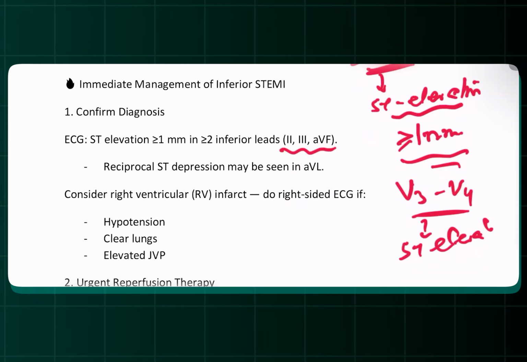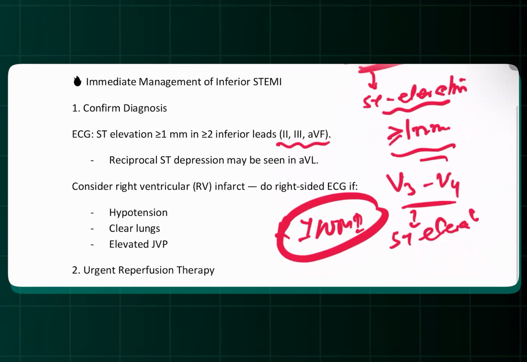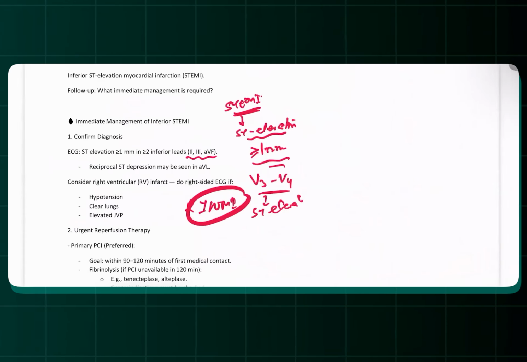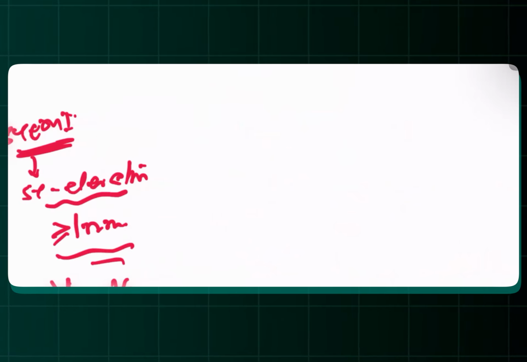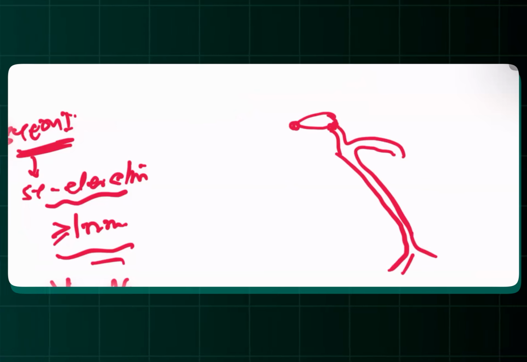Whenever we see RV or basically inferior wall MI, if I have to draw the coronary circulation here, this is the coronary cusps, this is the left main, this is the circumflex, this is the LAD, and this is the diagonal.